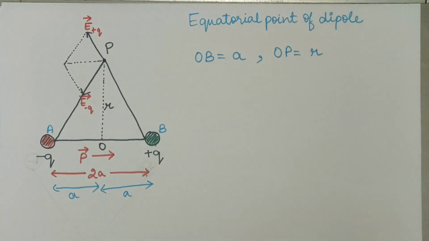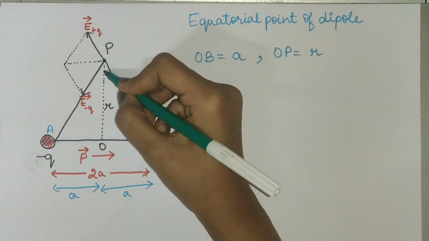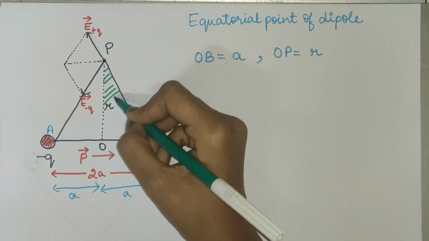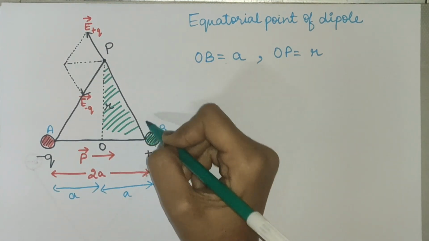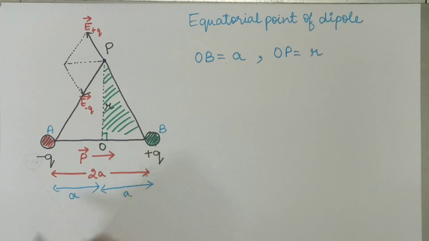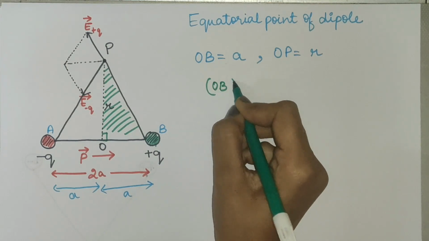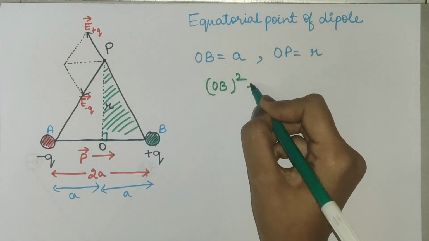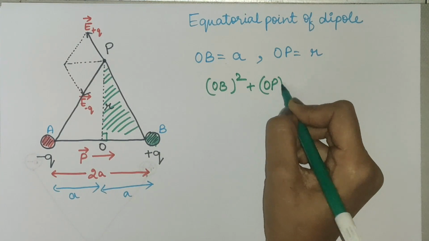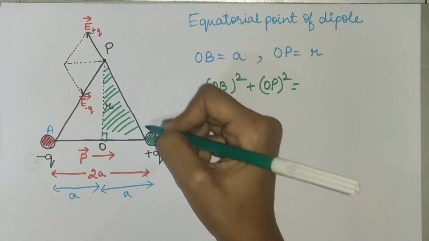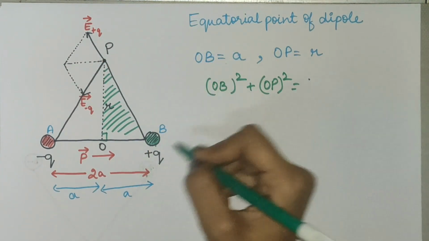Now dear students, if we apply Pythagoras theorem in my right angle triangle POB, which is right angled at O, I get base square, OB square, plus perpendicular square, OP square, is equal to hypotenuse square, BP square.